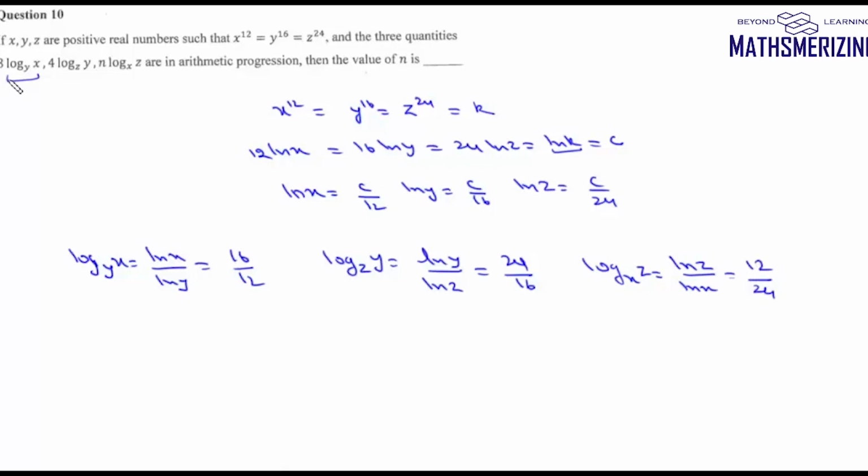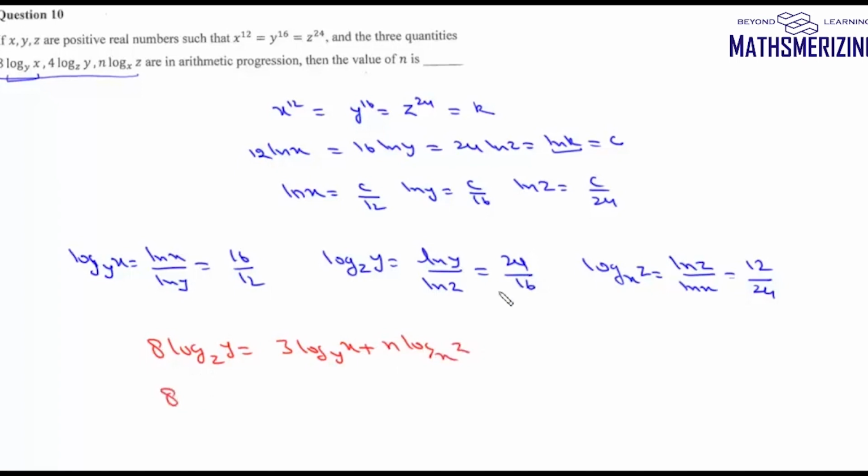Now the question says these three numbers, they are in AP. So that means we can write 8 log y base z is equal to 3 log x base y plus n log z base x. So it will be 8.